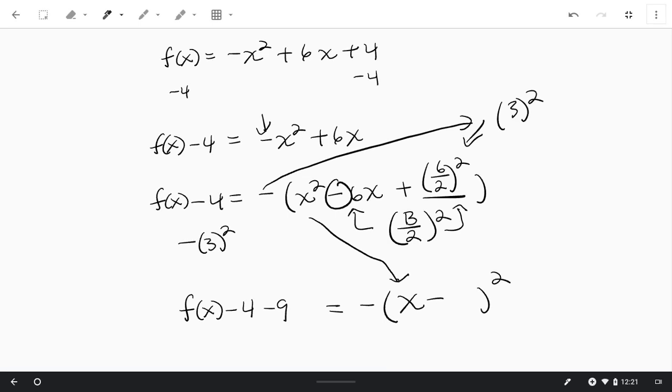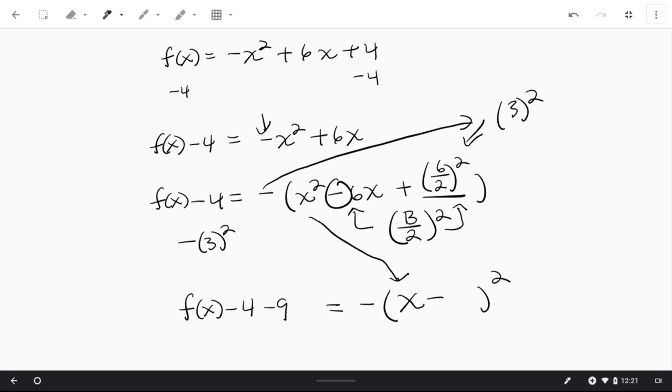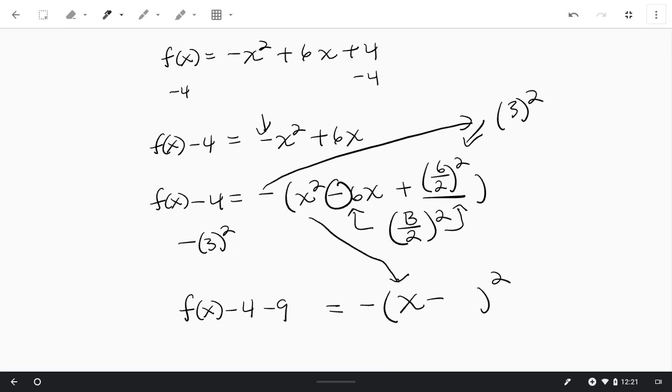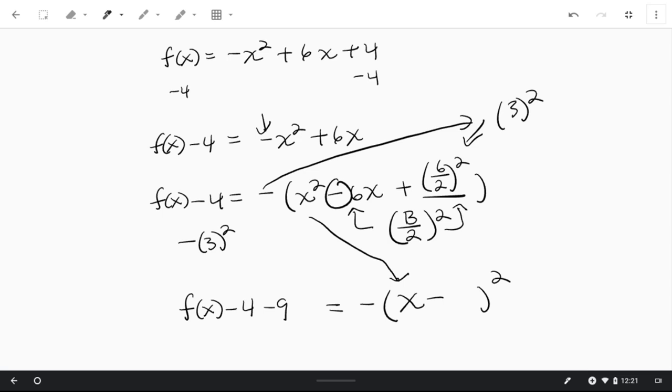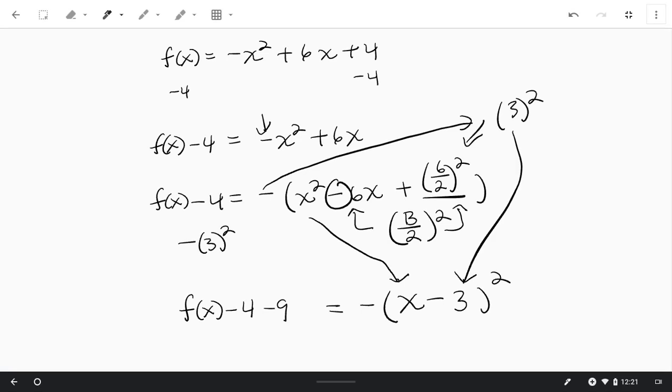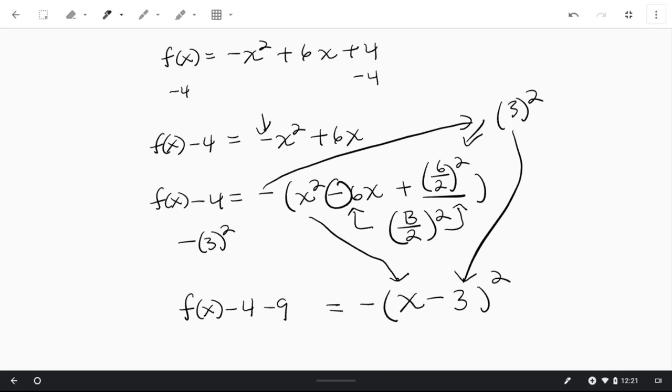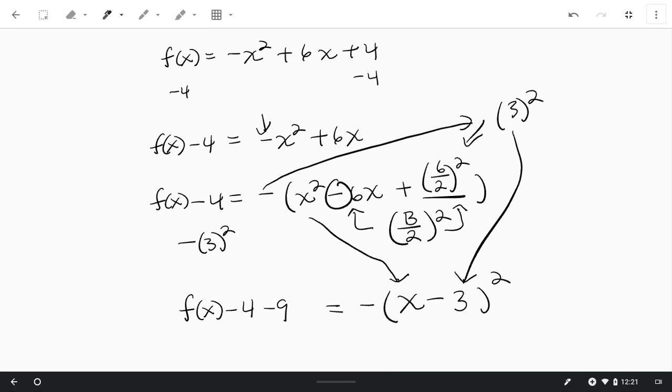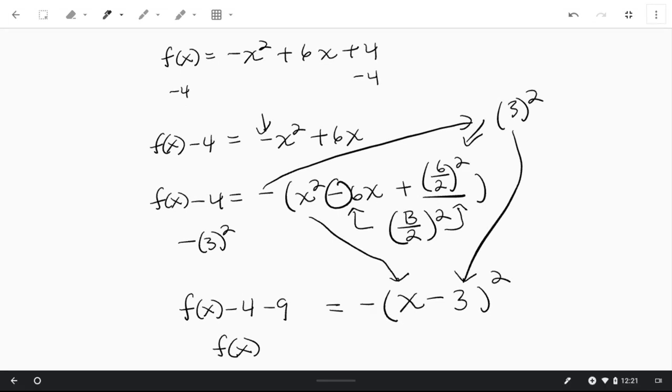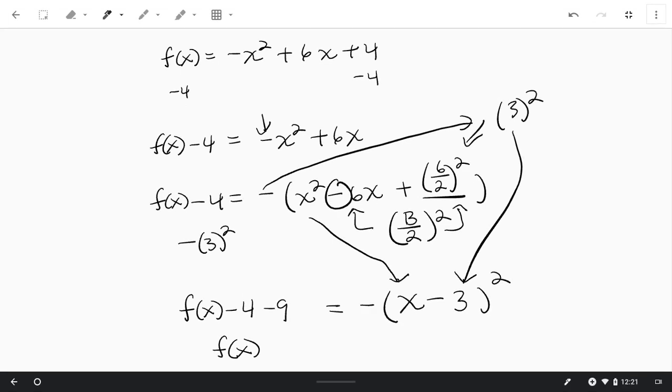And this number. So we get the x, the minus, and the 3. So here we get f of x minus 13 equals negative parentheses x minus 3 squared.